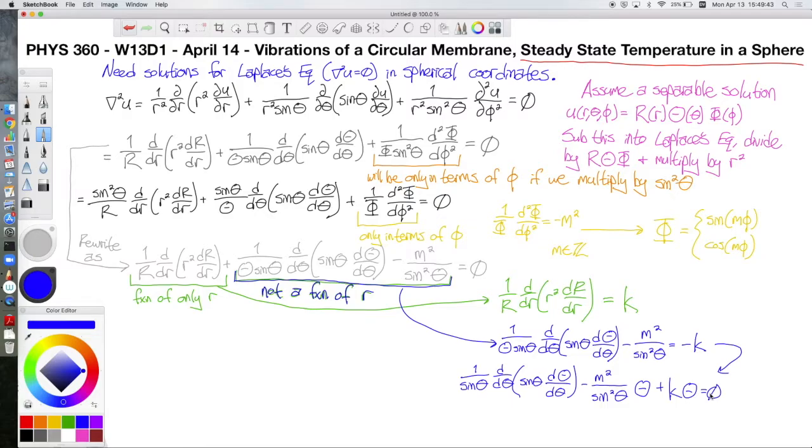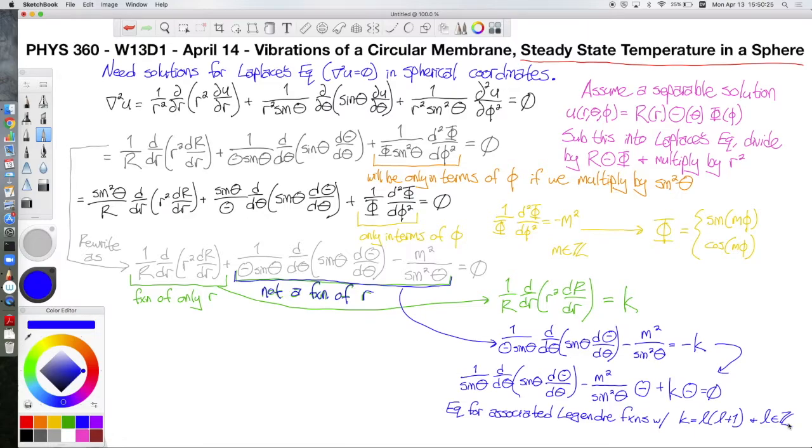We may not have done this problem, but from problem 10.2 in chapter 12, this is precisely the equation for the associated Legendre functions with k equals L times L plus 1, where L is always an integer.